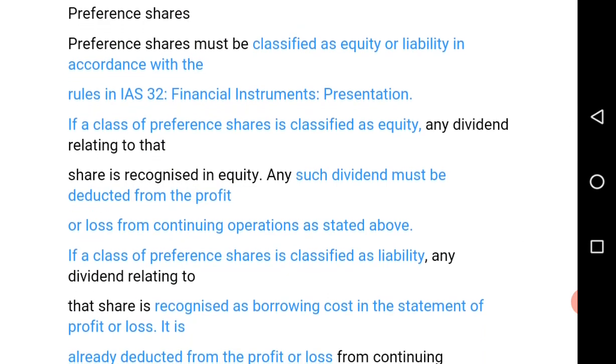Any such dividend must be deducted from profit or loss from continuing operations as stated above. Now, if the preference share is classified as a liability in accordance with IAS 32, any dividend relating to that share is recognized as borrowing cost.